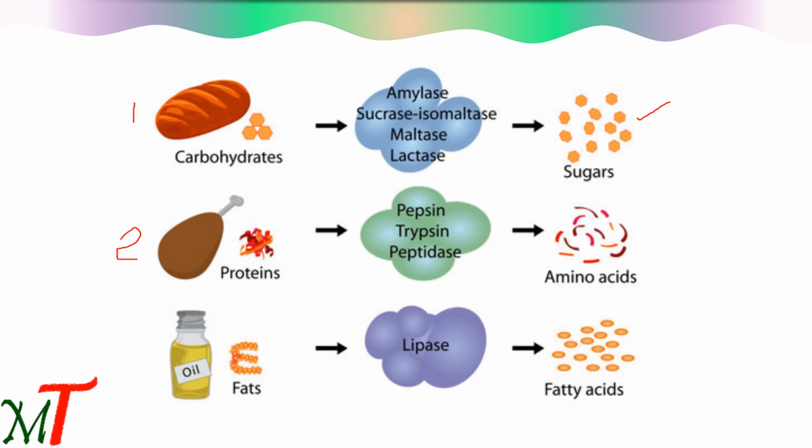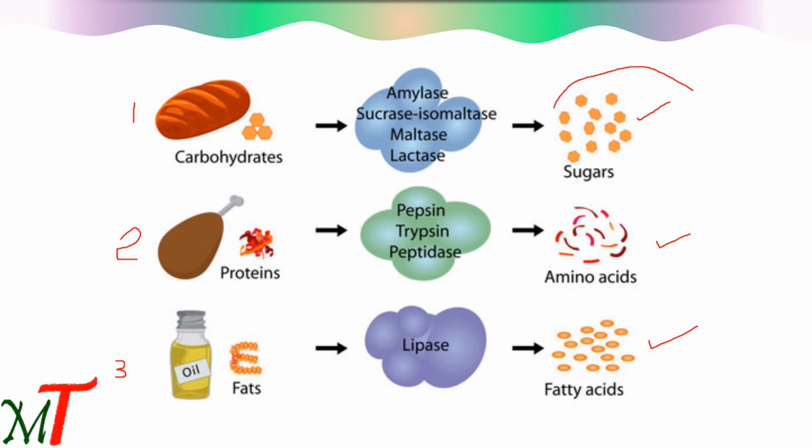These proteins convert into small parts, amino acids. Next, the third type of food material is oils or fats. Fats also simplify into fatty acids after digestion.